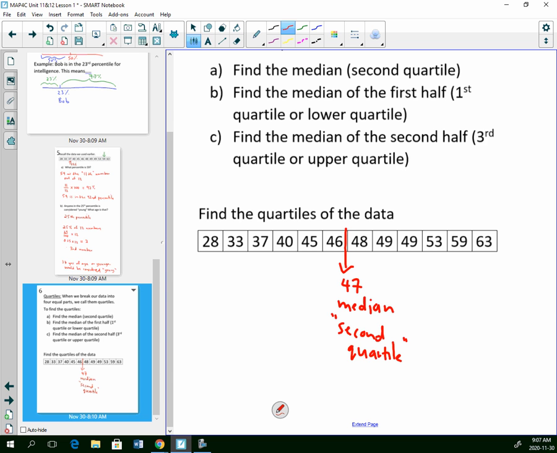All right, so the median is the middle, the second quartile. The lower quartile, or the first quartile, is half of these numbers, right? So that's going to be the lower. So I've got 6 numbers there. So here is the middle, right? So I have to average 37 plus 40, which is going to be the middle of that. So we'll just add them up and divide by 2.